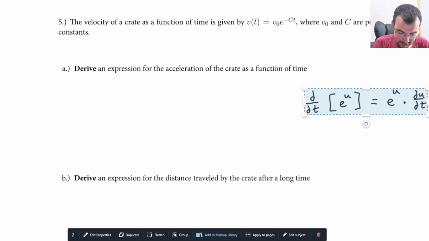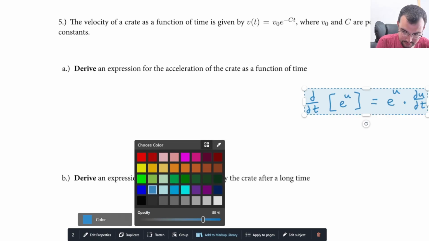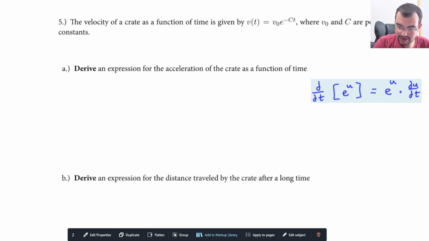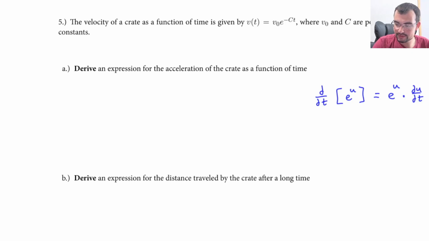And you know what? I've been making this blue. So let's keep that. So our exponential function actually has this nice property that it is its own derivative up to whatever the exponent derivative is.